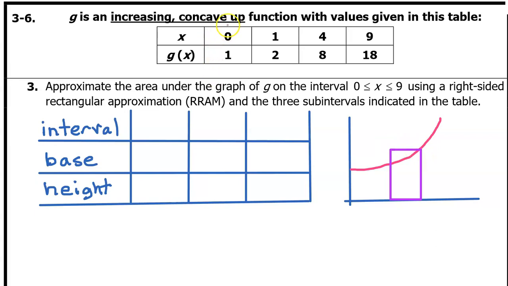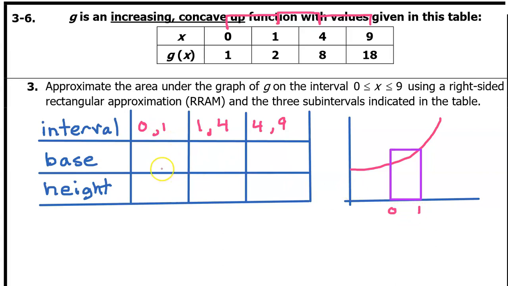These subintervals will come from these x values. So we have an interval from 0 to 1, and then another interval from 1 to 4, and another interval from 4 to 9. The base of the first rectangle will just be the width of the interval.